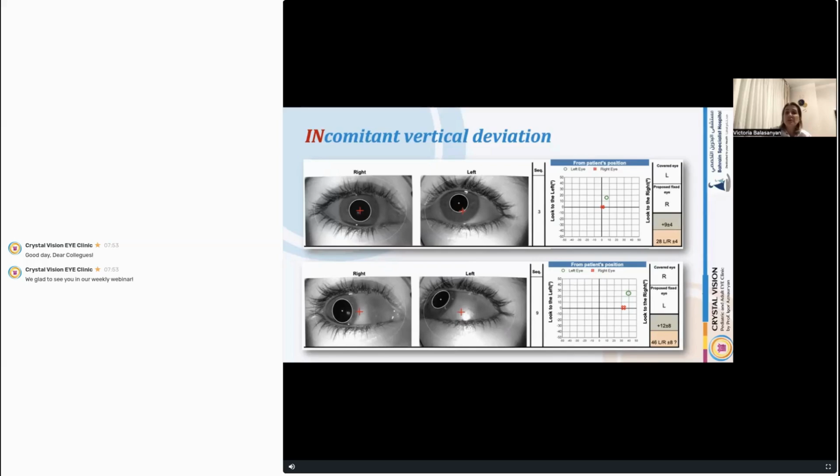When we ask the patient to look toward the affected side to the right, we observe that the hypertropia in aided action increases to 46 prism diopters, meaning there is an increase in the vertical deviation by 11 degrees.